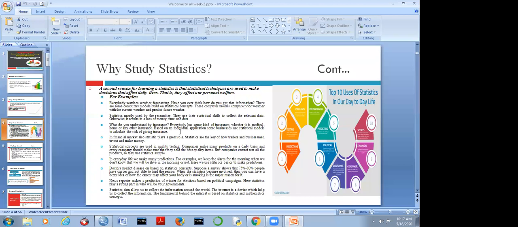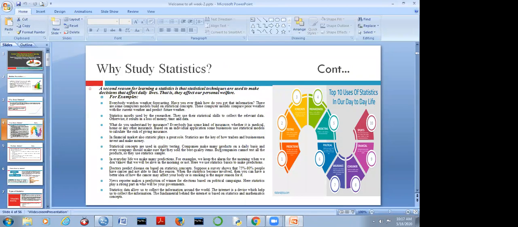So statistical techniques are applied in every field of organization, and when they apply them, they give us results. We understand that output, and after understanding it, we take decisions, and those decisions affect our personal life as well.